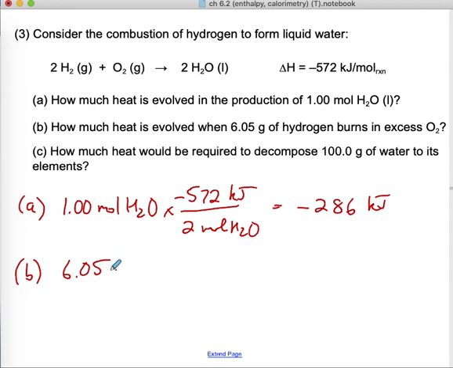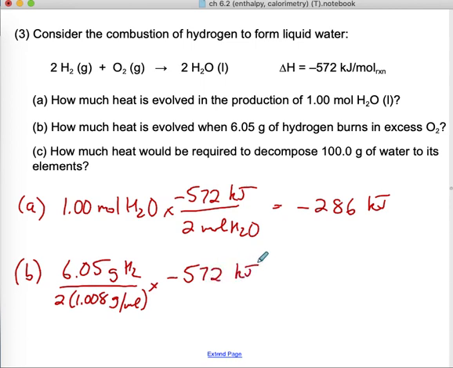So 6.05 grams of hydrogen divided by 2 times 1.008 grams per mole. Remember, hydrogen is diatomic, times, again, negative 572 kilojoules. But as we see, as the equation is written, 2 moles of hydrogen gas reacting. So I'll put this over 2 moles of H2 to give me negative 858 kilojoules.